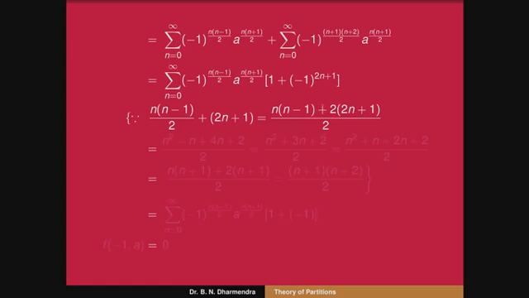Simplifying the numerator, n^2 minus n plus 4n plus 2, divided by 2. Here plus 4n minus n becomes 3n, so it can be written as (n^2 + 3n + 2)/2.